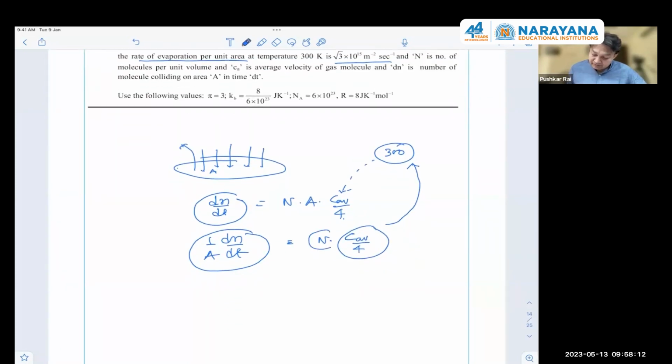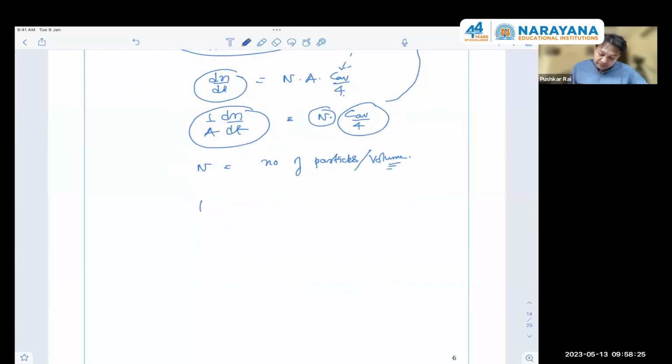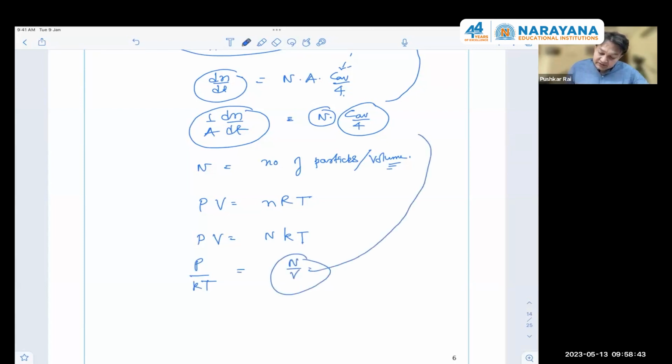So what do you get for N? What is N? The number of particles per unit volume. Once you know this, we know that PV is equal to nRT and PV is equal to NkT. So that means P by kT is equal to N by V. And basically this N by V is this.